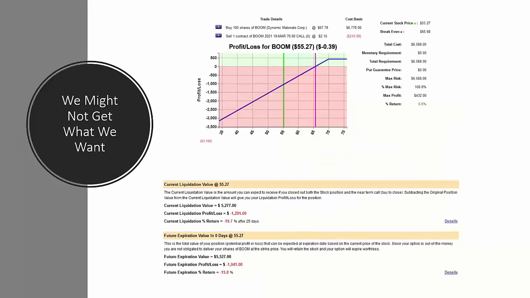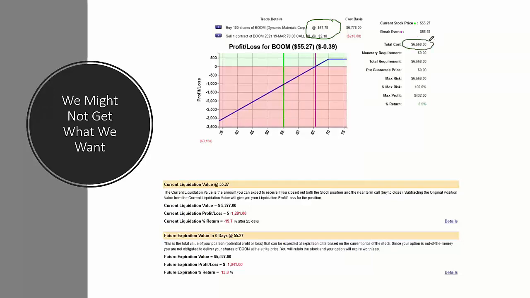And the second one, the Boom position, we might not get what we want. In this case, on February 22nd, I believe I said, but we have it in the portfolio. We're going to take a look at that in just a moment. The stock was trading at 67.78. Might have taken a similar out of the money covered call, selling the 70 strike for today's expiration on February 22nd for 210.